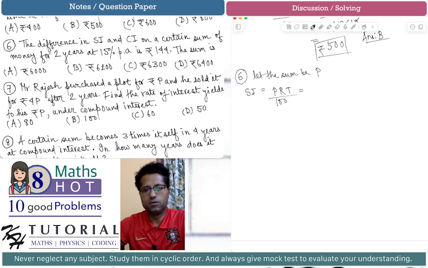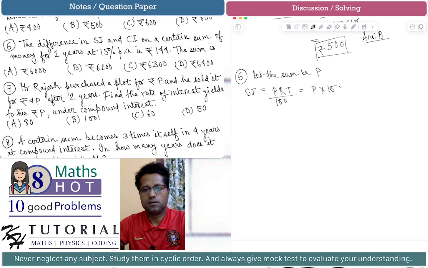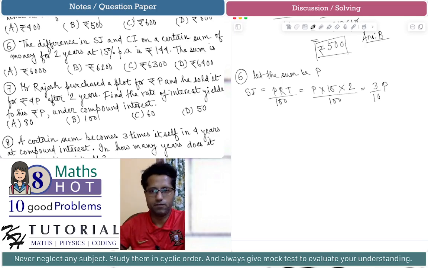So this is equal to P, the rate of interest is given to be 15, and the time T is given to be 2 years, 2 by 100. This is equal to 3 by 10 P, where P we have assumed to be the sum.